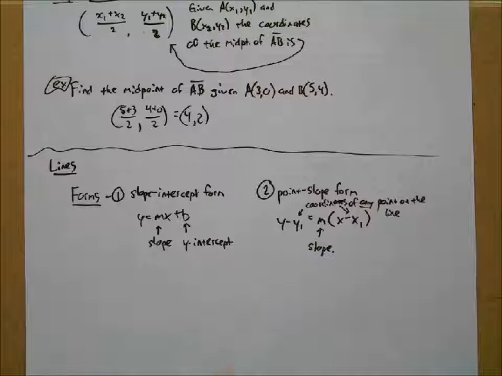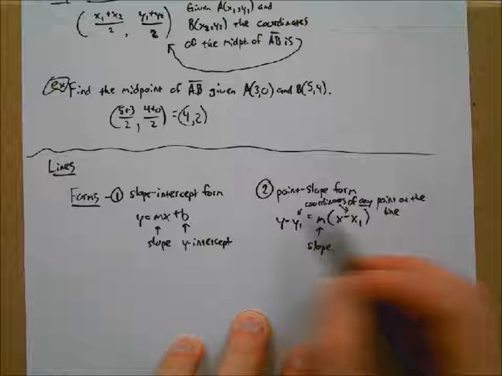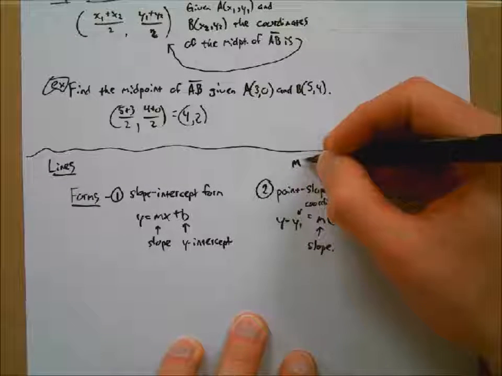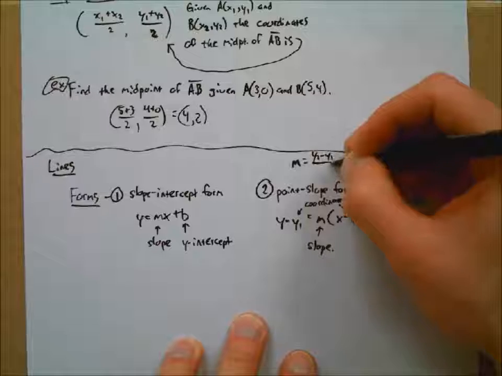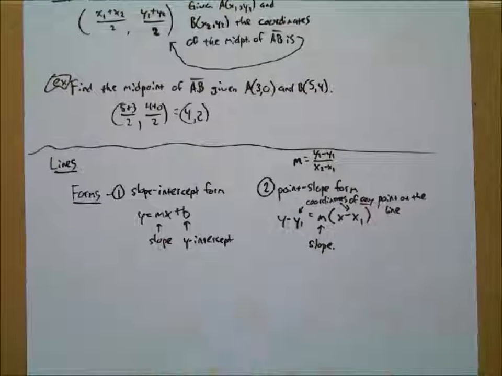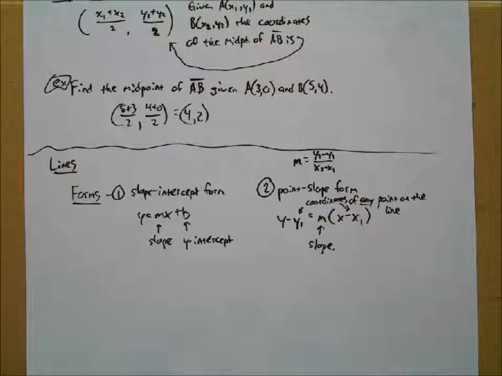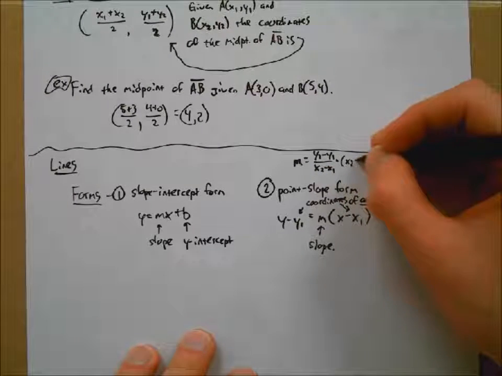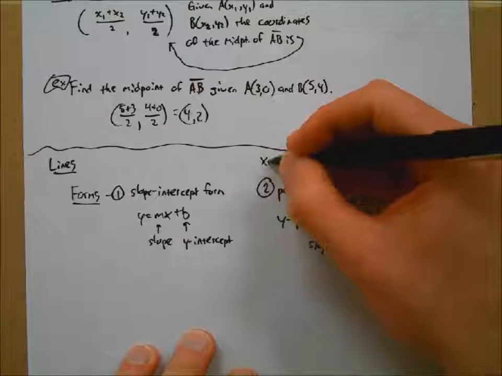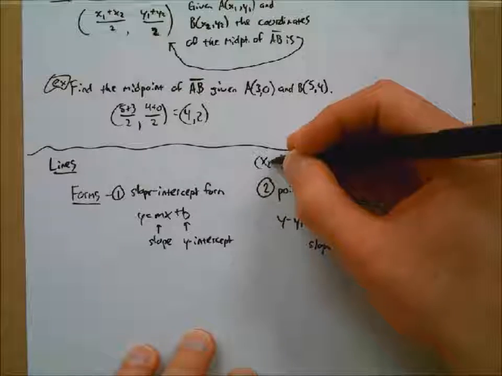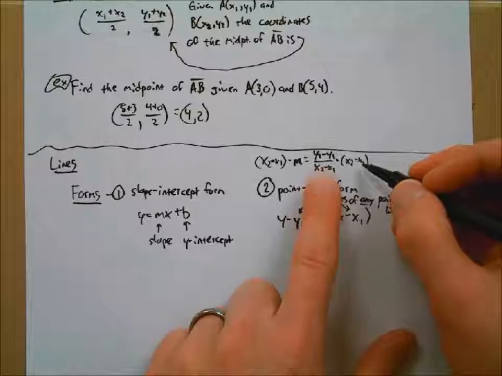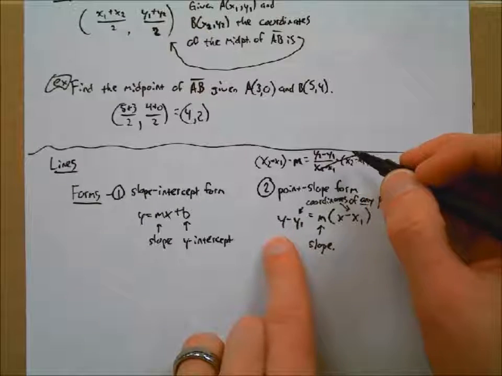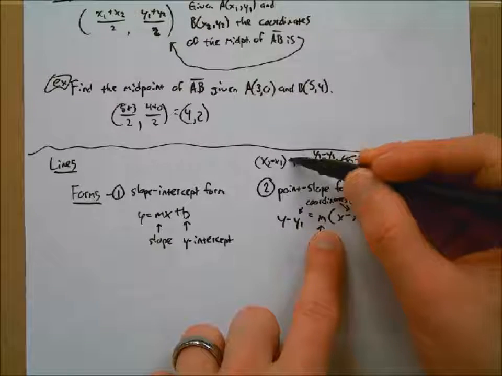By the way, where this formatting comes from is the slope formula. If you remember the slope formula, m = (y2 - y1)/(x2 - x1), right? Well, if you multiply both sides by the denominator, the quantity x2 - x1, the denominator will cancel out, leaving you with y2 - y1, or y - y1, = m(x - x1), and there it is.